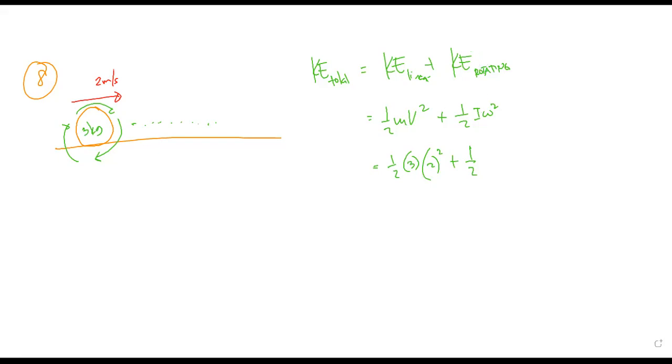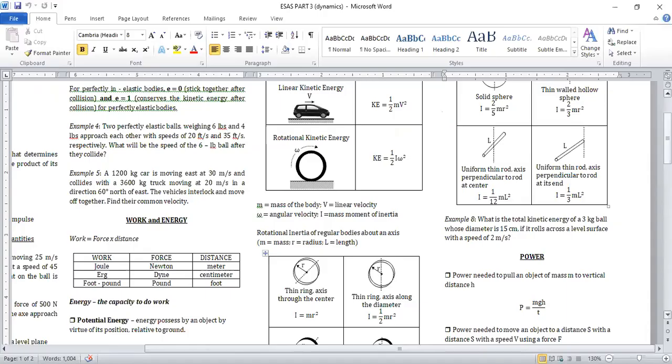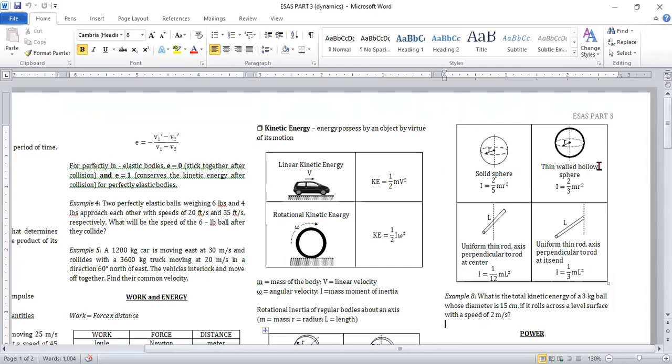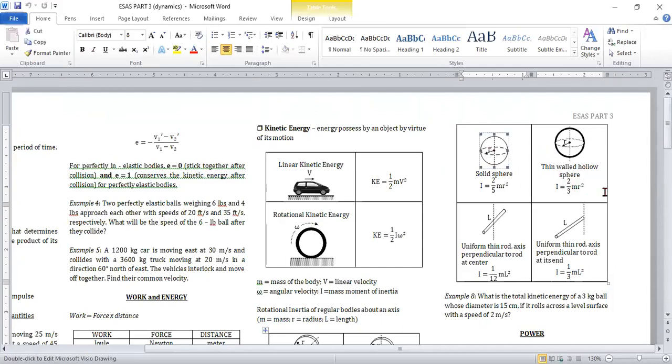For circular bodies, from the table, for solid sphere and hollow sphere, that's 2/3 mr square.